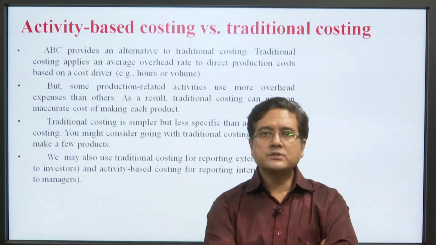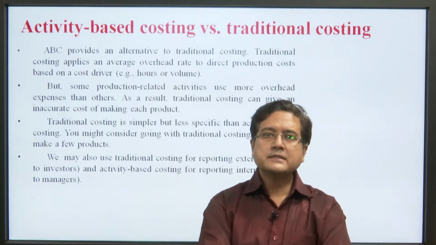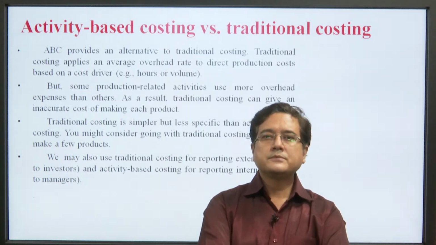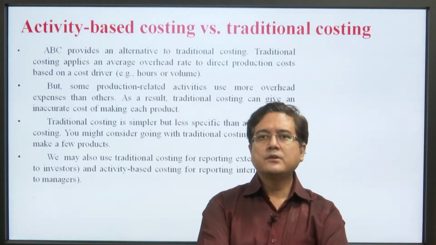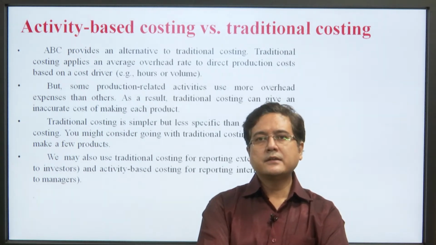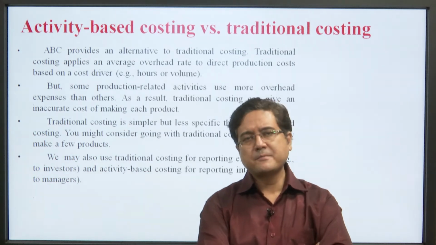So, traditional costing is important for the investors, but ABC is important for the internal assessment by managers, because it is more segmented, a deeper assessment, and the internal managers can assess better.